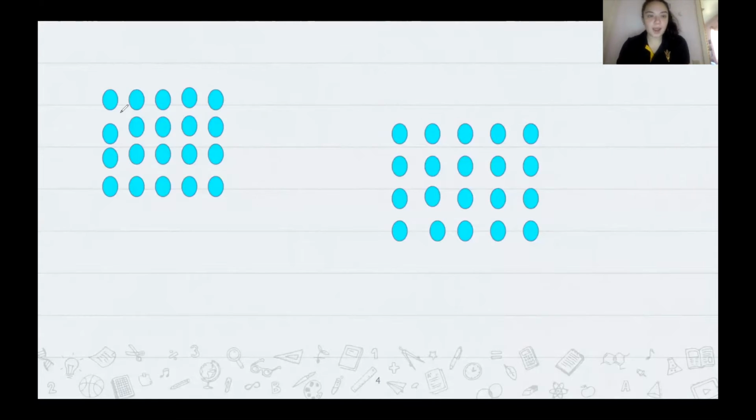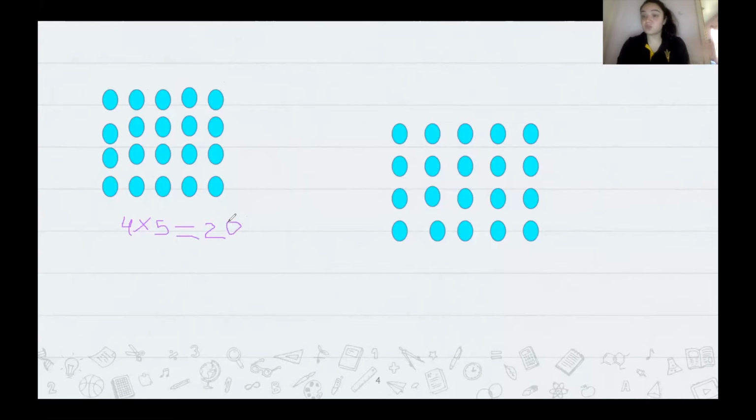So right here, I have 4 rows with 5 in each row. So I have 4 times 5. And how many do I have altogether? We're going to count by 5s on this one: 5, 10, 15, and 20.